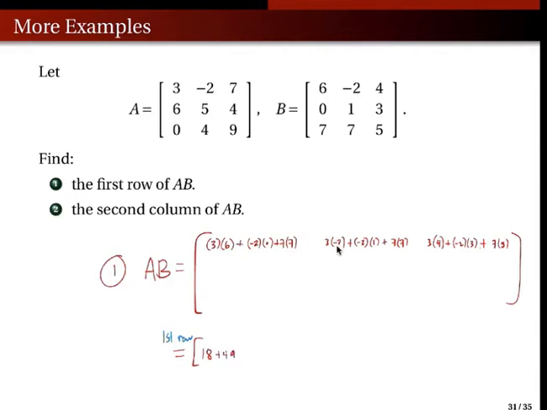Then here you have negative 6 plus negative 2, so minus 2, and then plus 49. Then lastly, you have here 12 minus 6 and then plus 35.